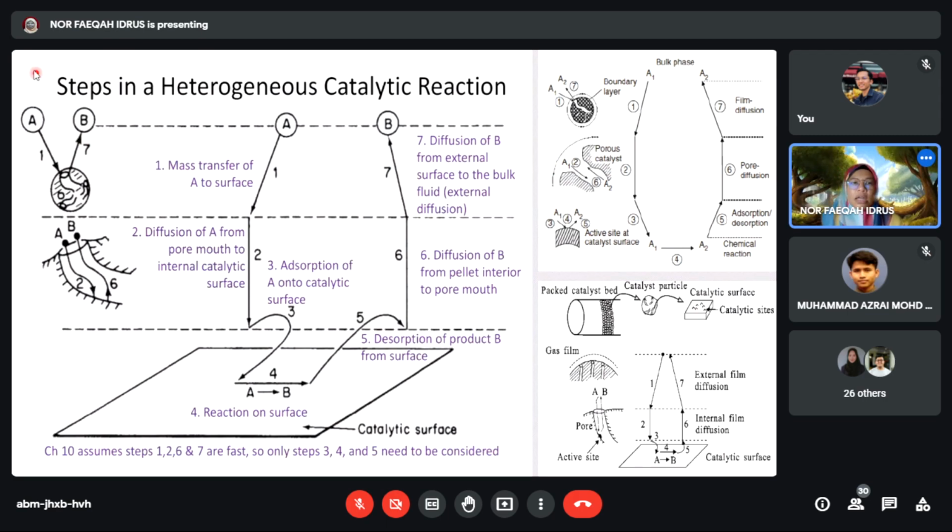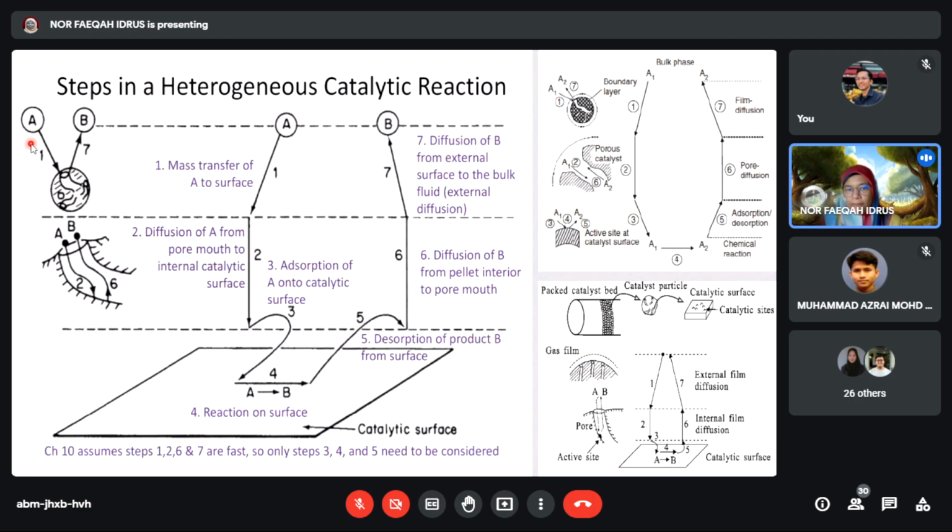First, we define A as the reactant that is involved in the reaction, and we have product B. So B is the product, A is the reactant. For this example, the reaction involves only one reactant, which is A. In this topic, we just consider reactions that involve one reactant.